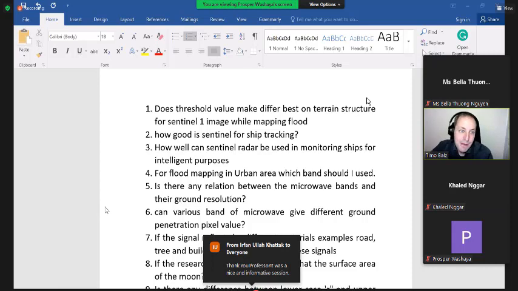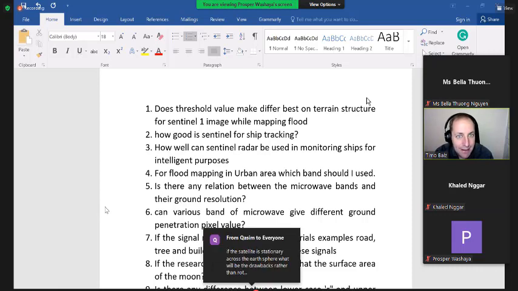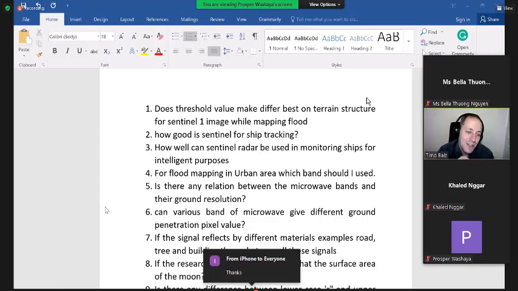That pixel will be even brighter than it was before the flood, because the mixture of flood and vegetation makes that reflection even stronger. So you have to be very careful, right? When you do that, it's very simplistic to say there is one threshold and waters are not always going to be black. The reality is going to be a bit more complicated.